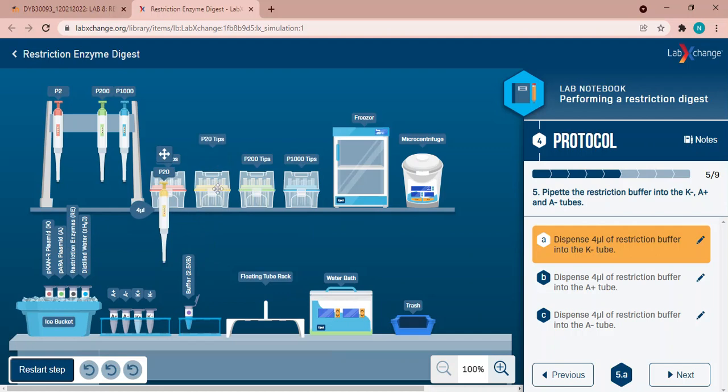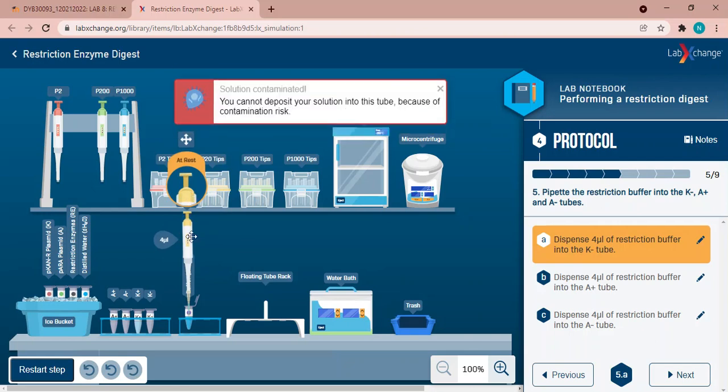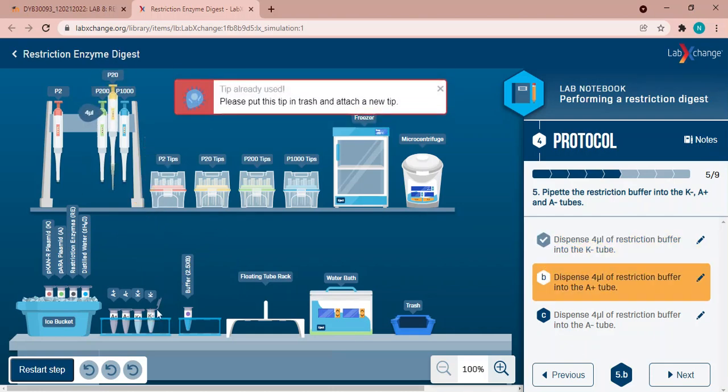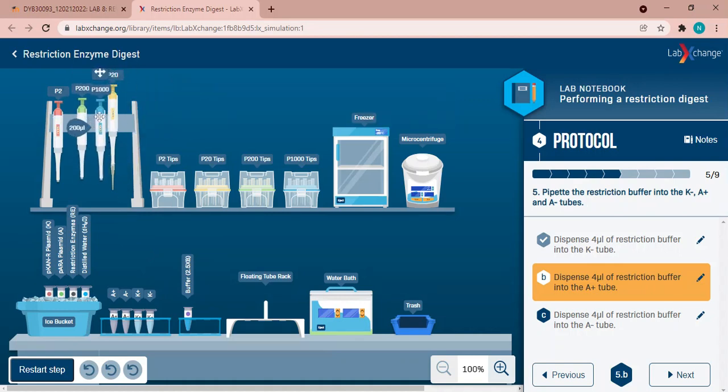Okay, first attach the tip, then dispense 4 microliters of restriction buffer into the K minus tube. Then eject the tip as usual.